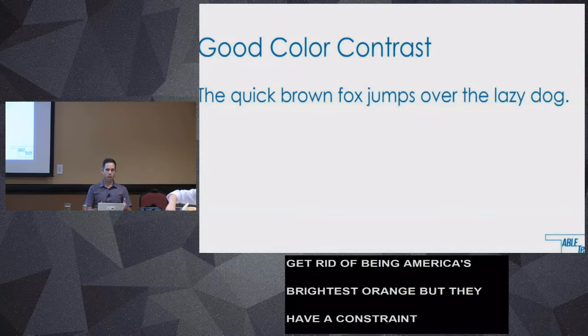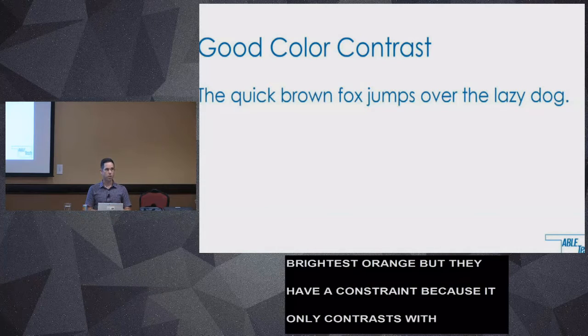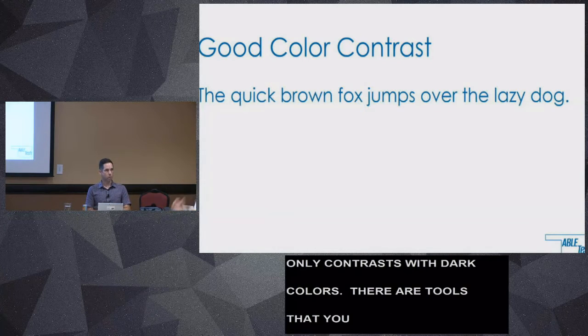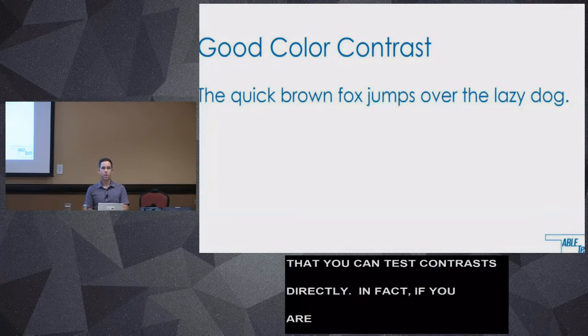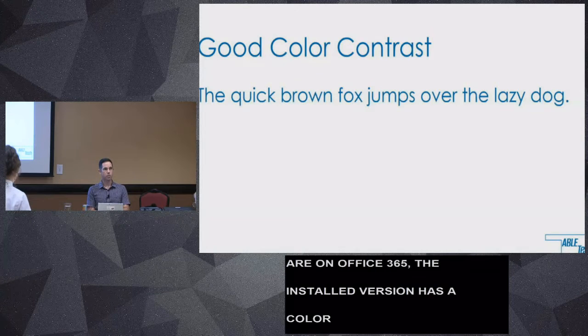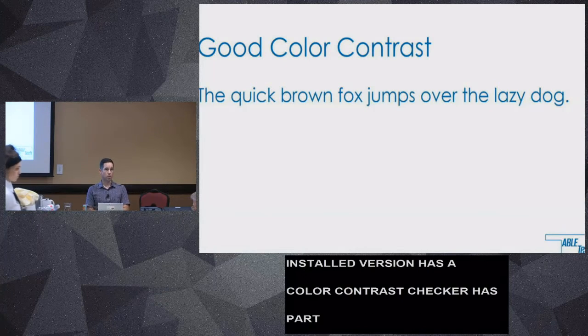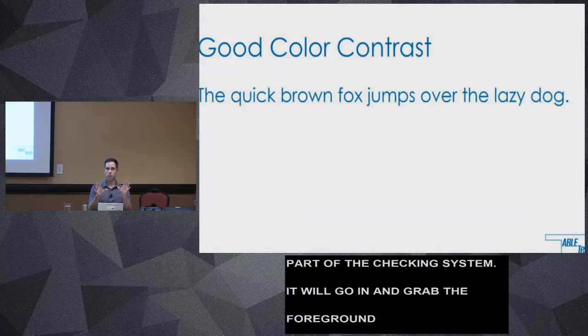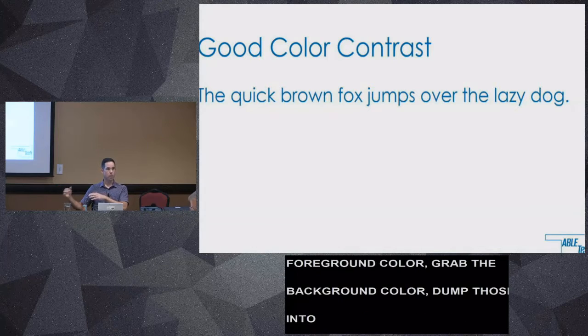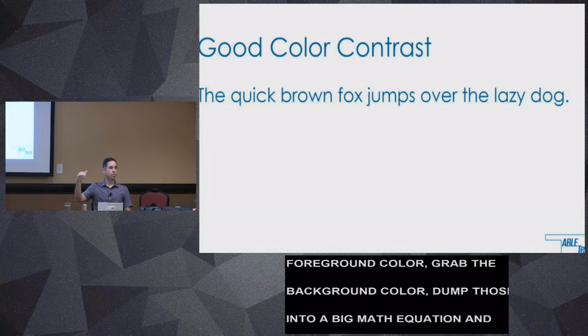So color contrast, something to account for. There are tools that you can test contrast directly. In fact, if you're on Office 365, the installed version has a color contrast checker as part of the accessibility checking system. So it'll go in and it'll grab the foreground color, it'll grab the background color, it'll dump those into a big old long math equation and spit out a ratio.